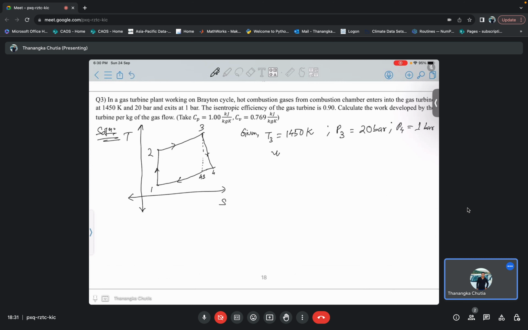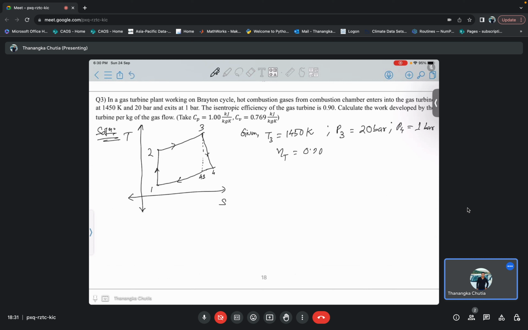And eta isentropic is equal to 0.90 for the turbine. Eta turbine is equal to 0.90.